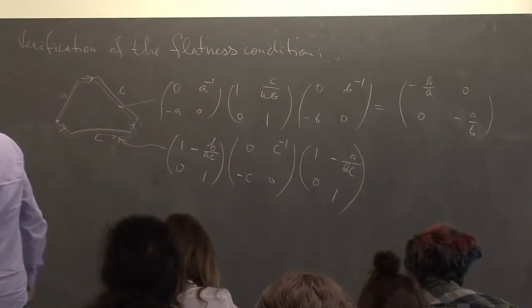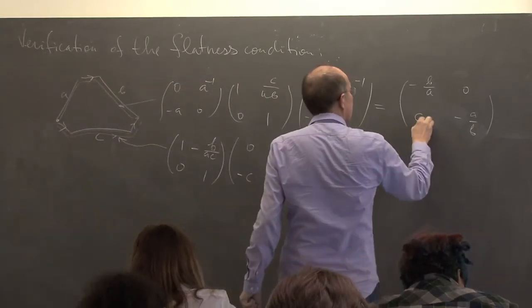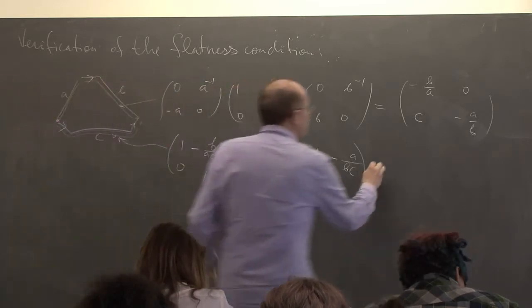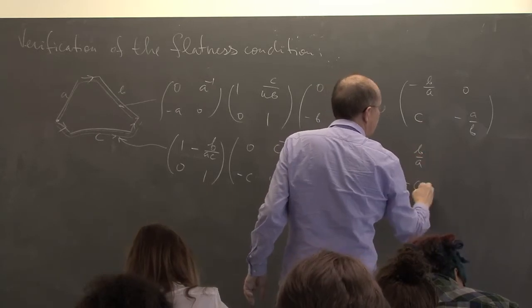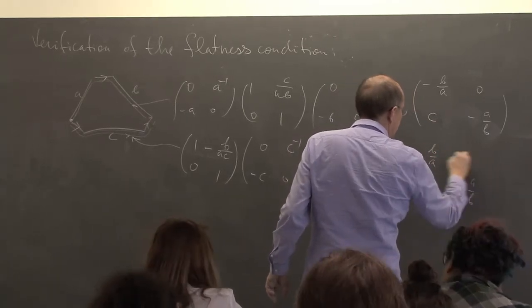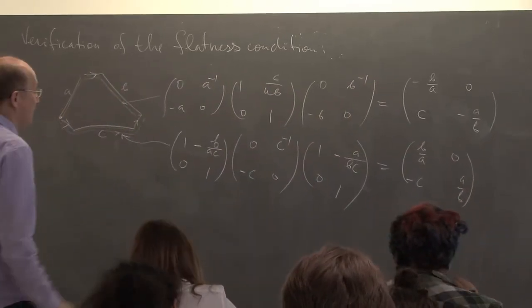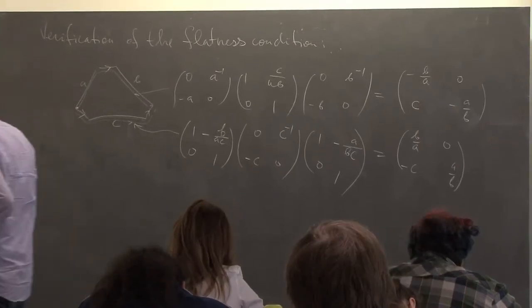And I claim, sorry, this is not 0, C. C, and I claim that this product is the negative of this one. Please check to make sure I didn't make a mistake. I'm writing this.